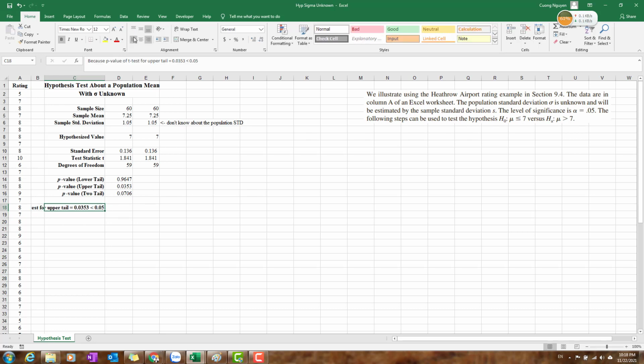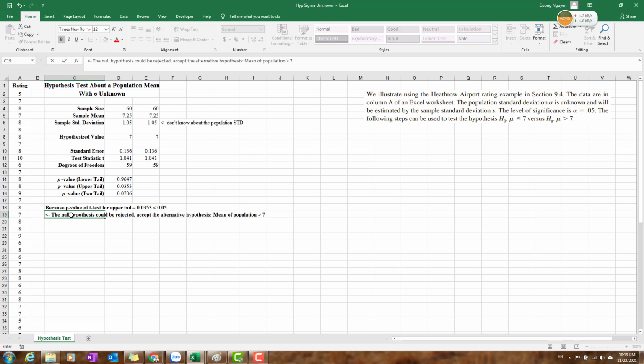So we get the conclusion that the null hypothesis is rejected, and we accept the alternative hypothesis: the mean of the population is larger than 7.